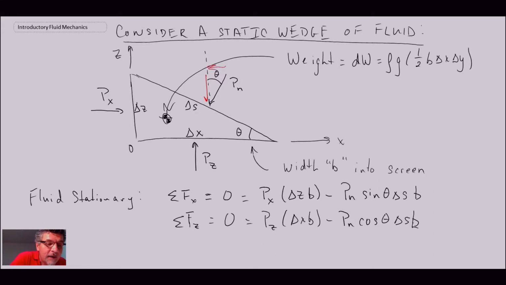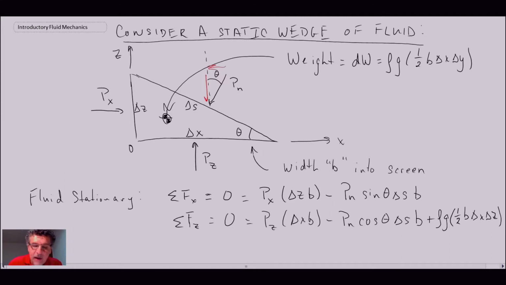Now, one last thing we have here, let me clean up that B, it's a little messy. Okay, so that's supposed to be a B. And the last thing we have to address is the fact that the fluid element has weight, and that would be acting in the Z direction due to the gravity vector, so we add that in. Okay, so that is the force balance that we get by summing the forces in the X and in the Z direction.